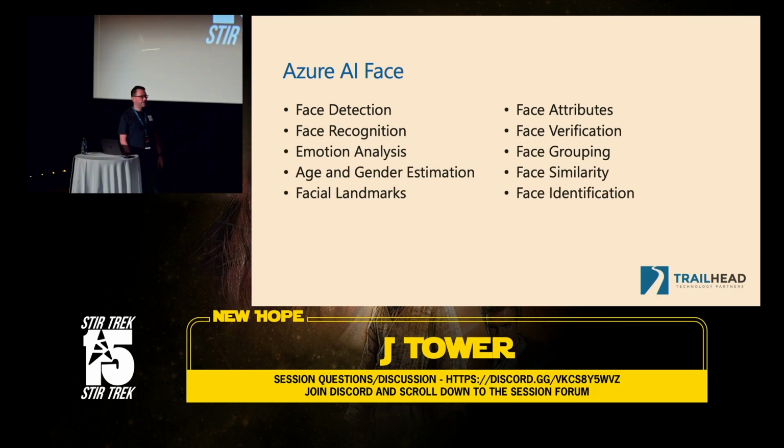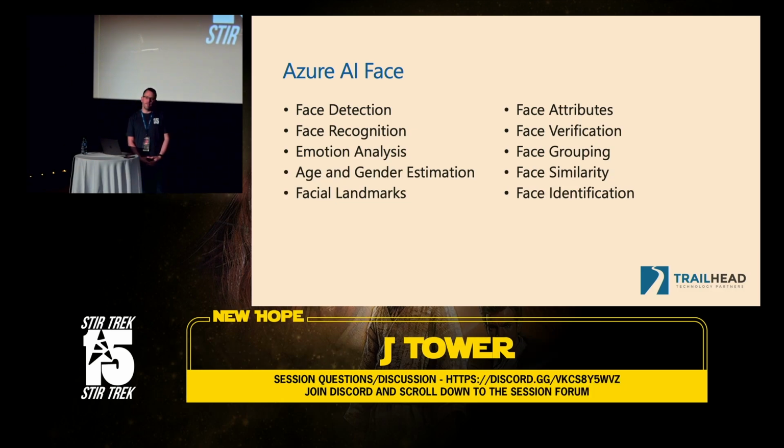It does emotion analysis, so if somebody's mad, upset, angry, bored, falling asleep in my talk, anything like that, it might recognize those different emotional states. It can also do things like guess or estimate the gender or age of the particular face that it's looking at.